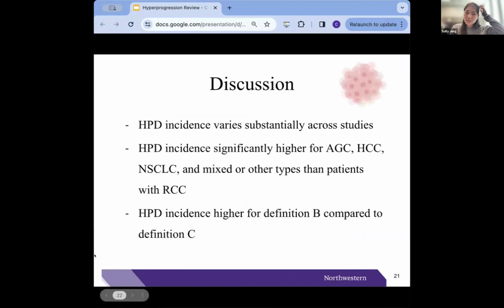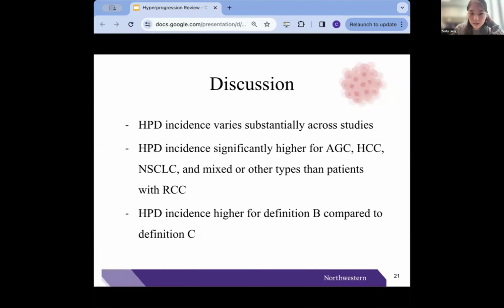So some discussion points. This meta-analysis was consistent with previous findings that there is statistically significant heterogeneity in the HPD incidence. This suggests that there may be a subset of patients that are less or more likely to experience hyperprogressive disease. So it's really crucial to identify specific indications that could make a distinction between the patients who are more likely to experience HPD from those who are not.